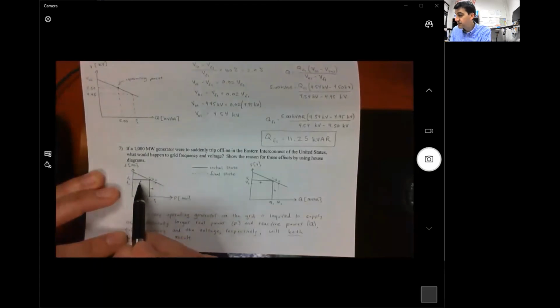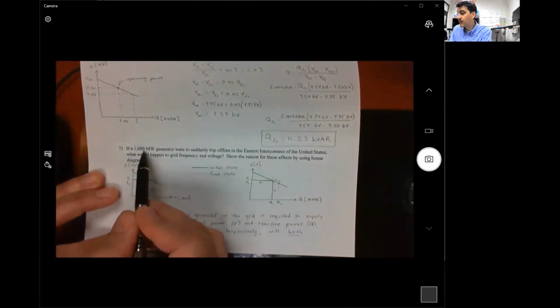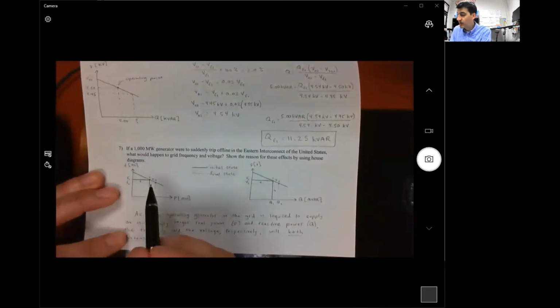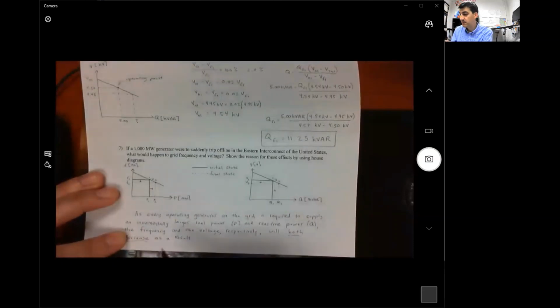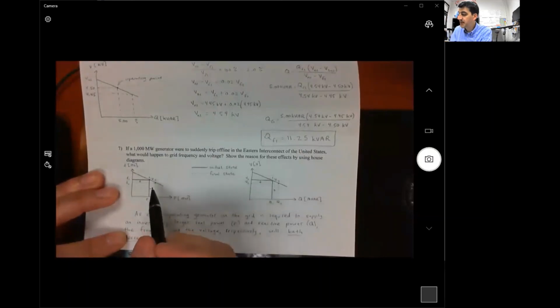So what's going to happen to frequency when a 1000 megawatt generator trips offline? Well, you can see the operating curve is going to shift from point 1 to point 2. Therefore, the frequency of the electric grid is going to decrease by a certain amount, depending on the droop and depending on what's left on the electric grid. But it's definitely going to decrease.